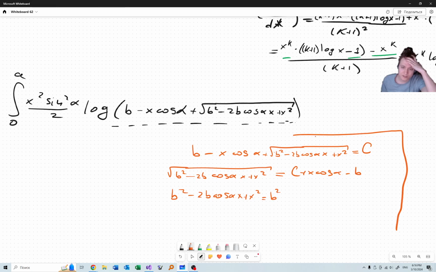b squared minus 2b cos alpha x plus x squared equals, okay, b squared plus x squared cos squared alpha minus 2bx cos alpha minus bc plus xc cos alpha, and 2 somewhere, and plus c squared.